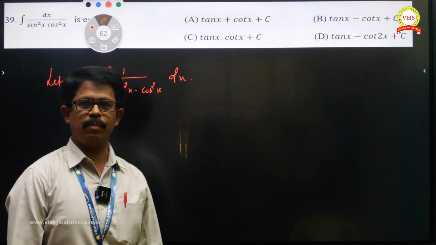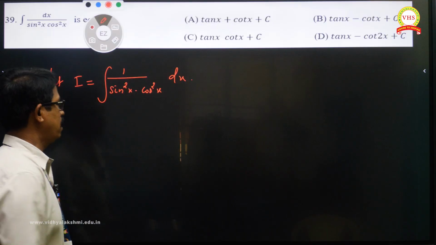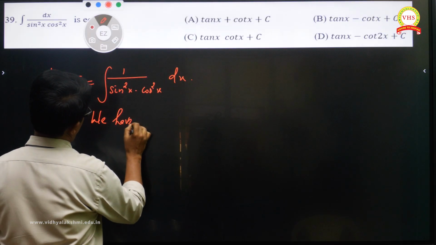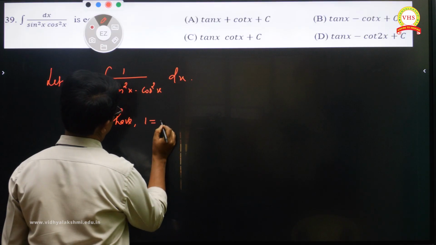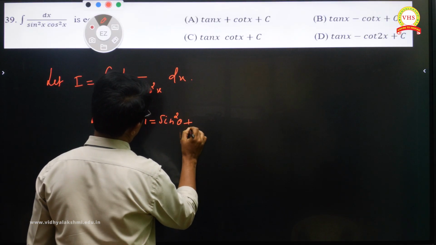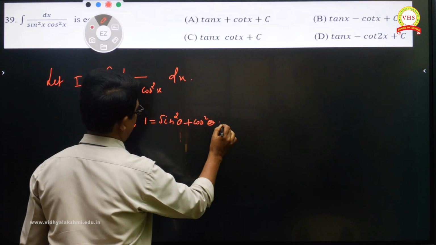There is no idea about the numerator, only the denominator exists. We have the very basic identity, 1 equals sin square theta plus cos square theta. Now we take theta as x.